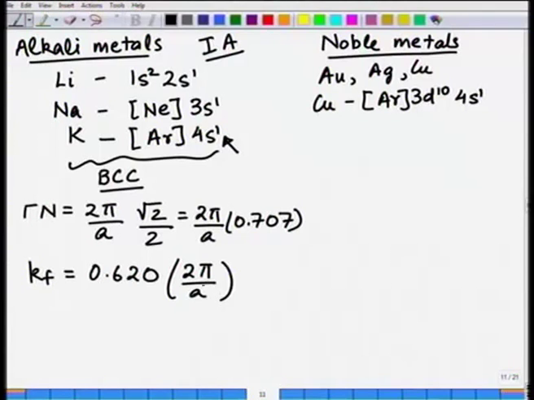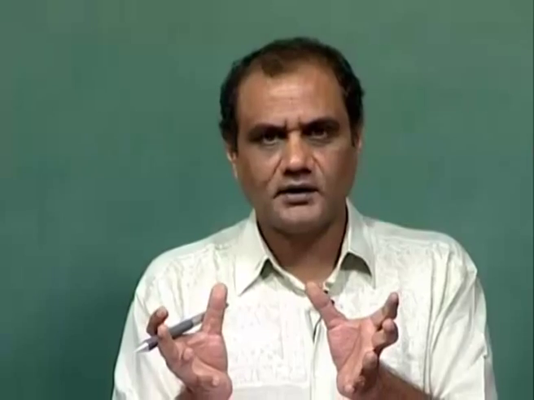Point being, this is smaller than the shortest distance in the Brillouin zone. That means the Fermi sphere will be totally contained in the first Brillouin zone, and since you have only a half filled Brillouin zone in the shape of a Fermi sphere, it is a partially filled band, and hence it can conduct.